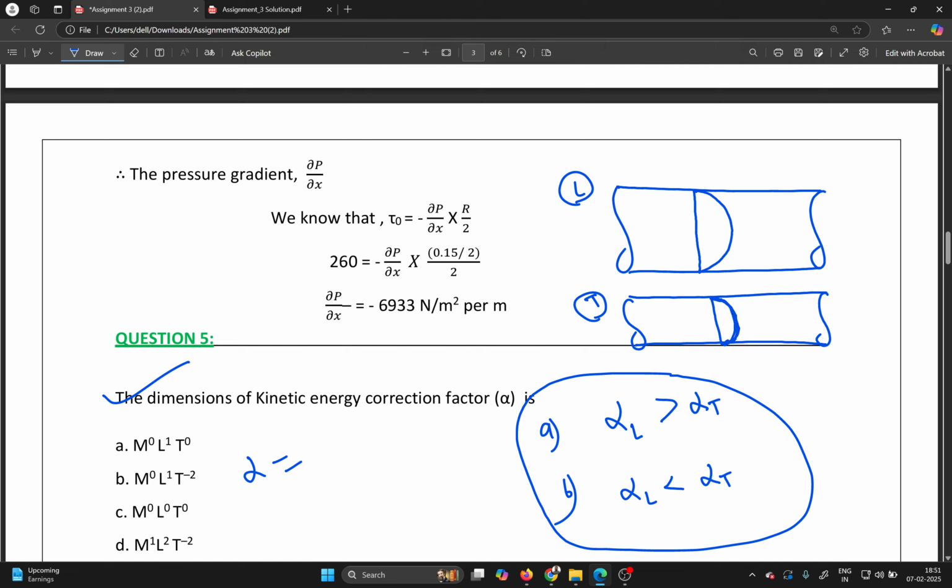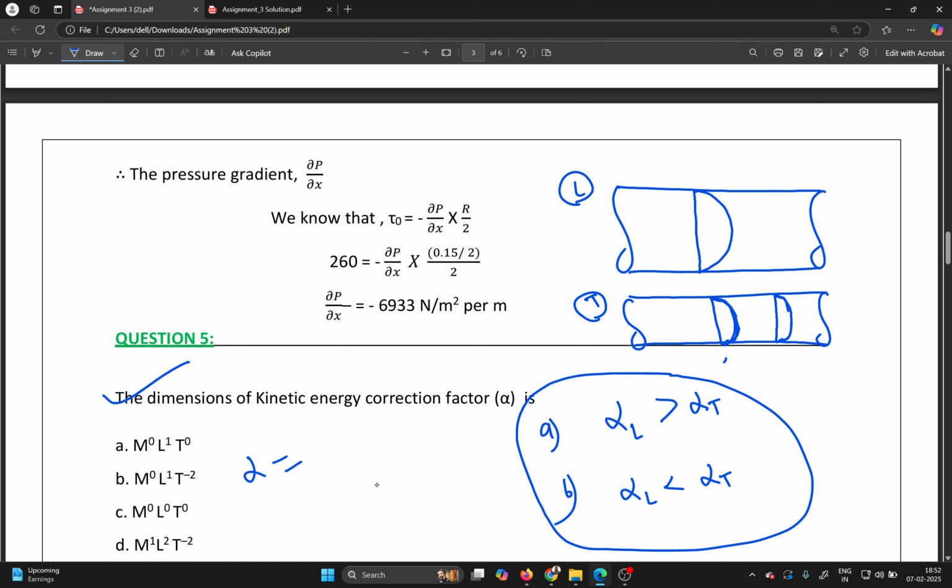Or let me draw here very clear. Like that, straight a little bit, then logarithmic. Remember please. So this is the case for laminar, and this one for turbulent.